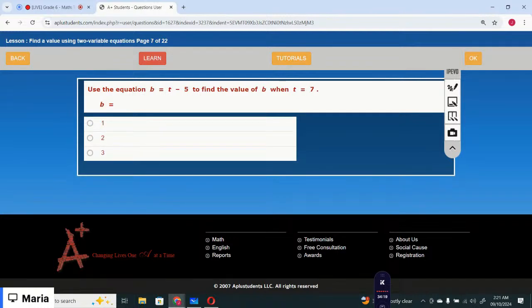Use the equation b equals t minus 5 to find the value of b when t equals 7.